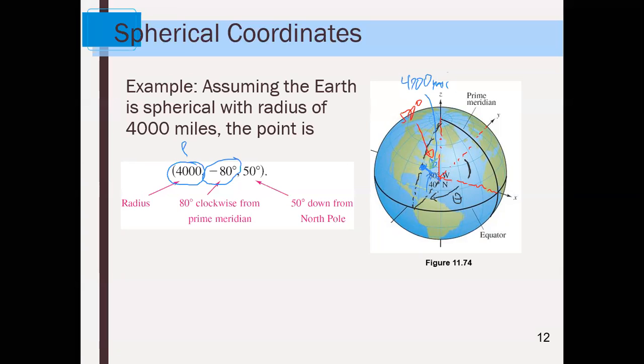Which is why you have this third member right here. So that's rho, theta, and phi. Does that make sense? It's not like what you do when you report things in longitude and latitude, where 80 degrees west means west of the prime meridian, and then 40 degrees north means north of the equator, which is the same as 50 degrees down from the North Pole.